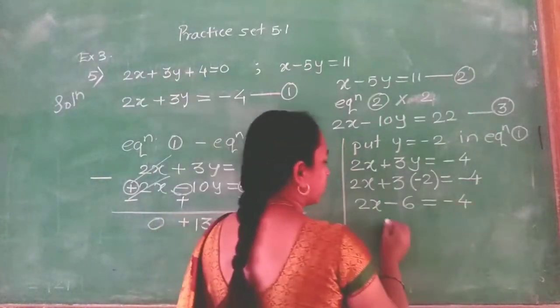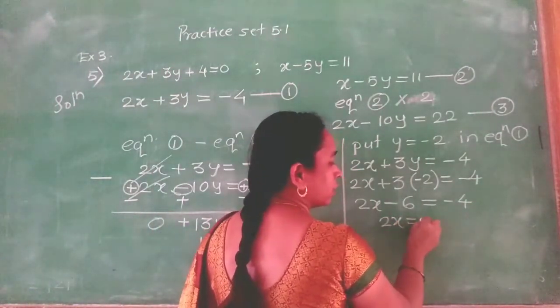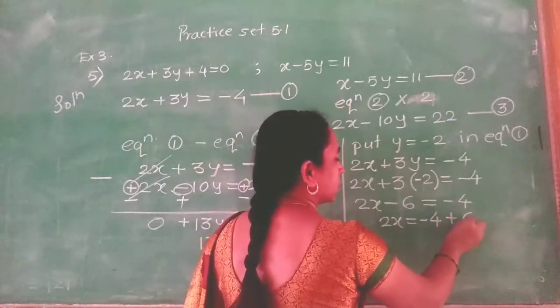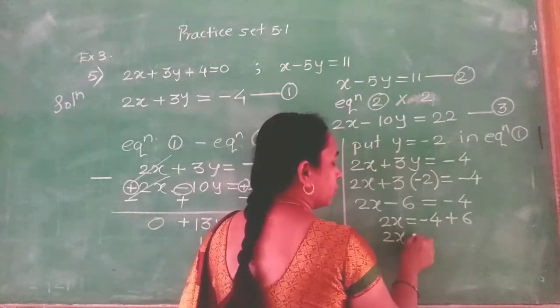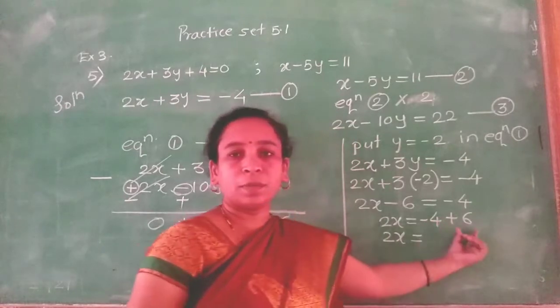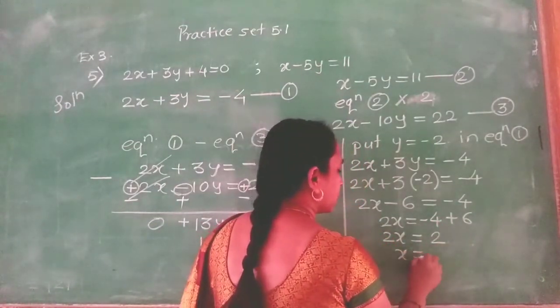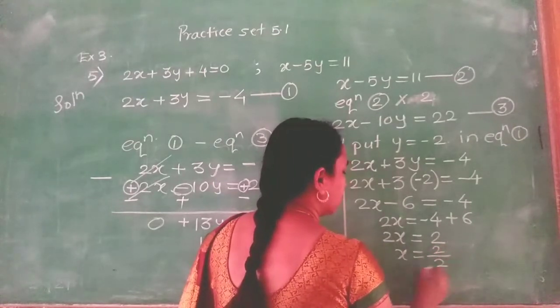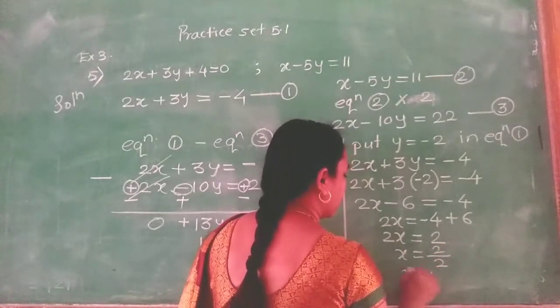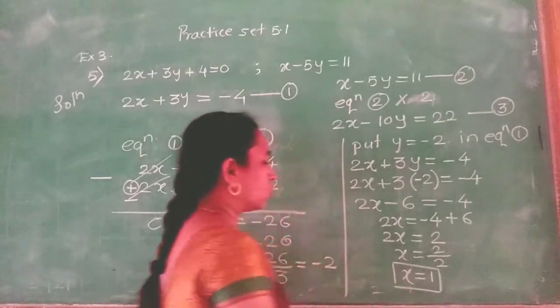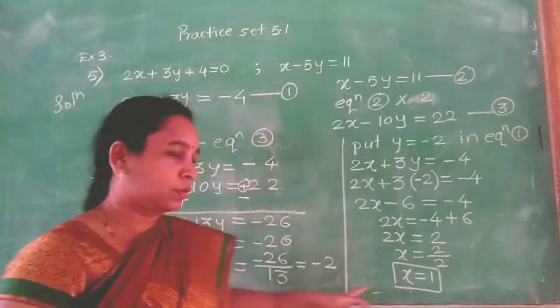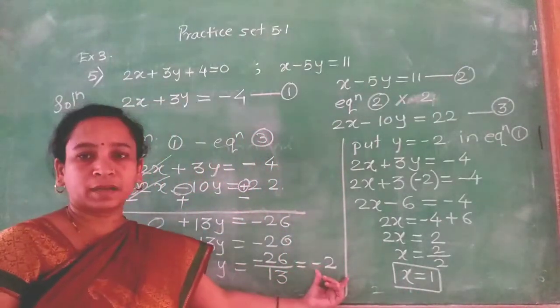Transfer minus 6 to this side. So 2x is equal to minus 4 plus 6, which is nothing but 2. So x is equal to 2 upon 2, that is x is equal to 1. So in this way we get the solution: x is equal to 1 and y is equal to minus 2.